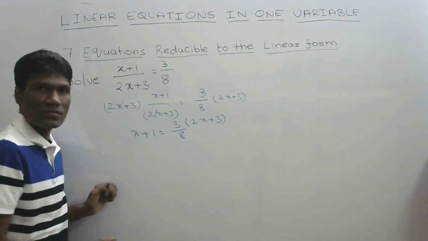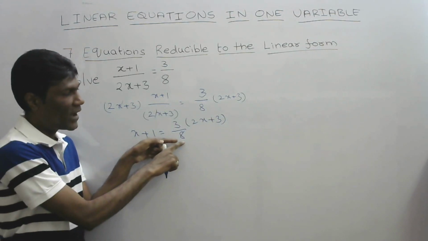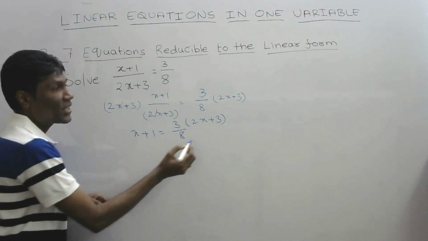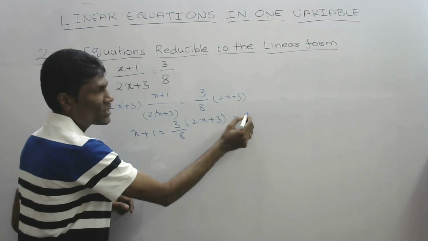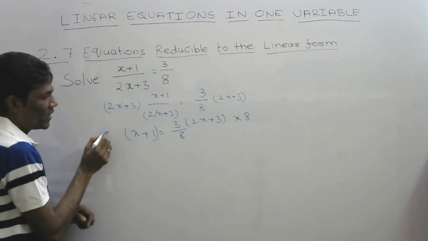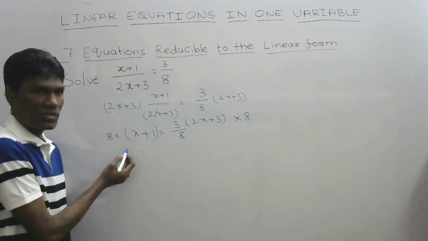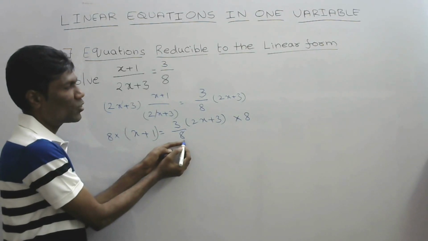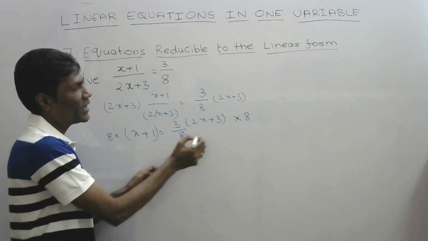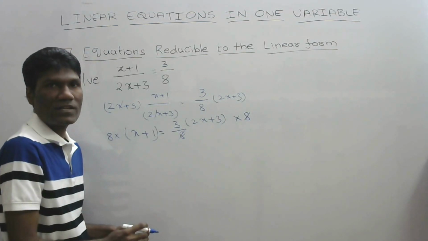3. Next, we have 8 as denominator. So let us multiply with 8 on both the sides. Concept is simple. Here we want to remove this denominator. So 8 and 8 will get cancelled.